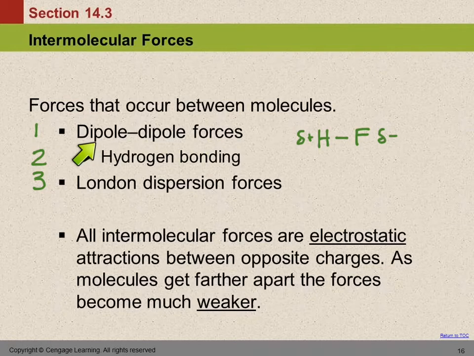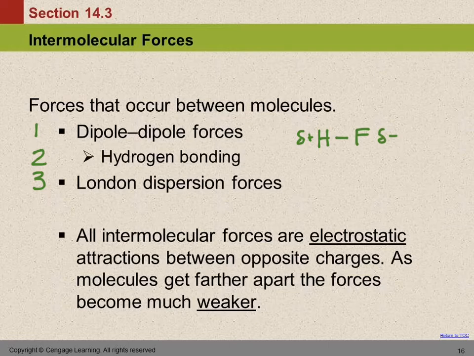A dipole-dipole force is the attraction between two dipoles. Hydrogen bonding is like dipole-dipole forces on steroids. It's extreme dipole forces. So all of these intermolecular forces are electrostatic in nature, meaning it has to do with electrical charge. Opposite charges attract each other.